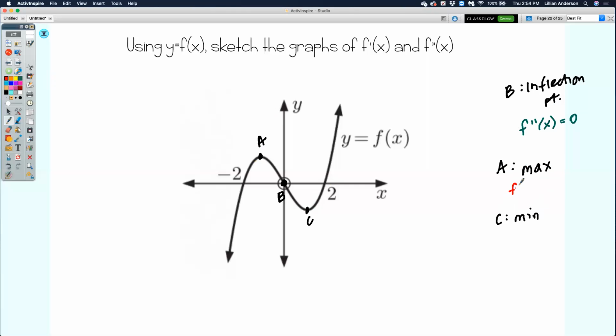First. That's where the first derivative is equal to 0. That means there's x-intercepts at those respective points, at those extrema. And remember that if you have an inflection point on your original graph, you also have an extrema on your derivative.